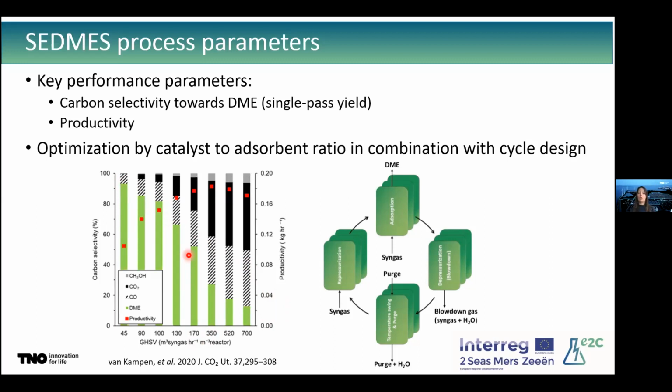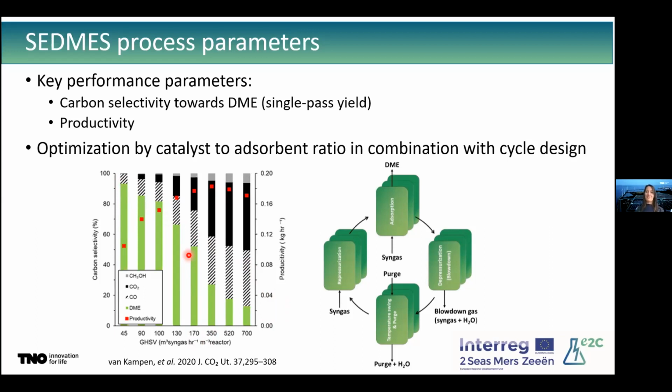So we can do that by developing more selective catalysts, a higher capacity sorbent. So these are things on the material development side, but we're also looking into the cycle design. So that was what I was just referring to. The reactor can be in an absorption mode for a certain amount of time, and then we'll have to switch to the regeneration mode.